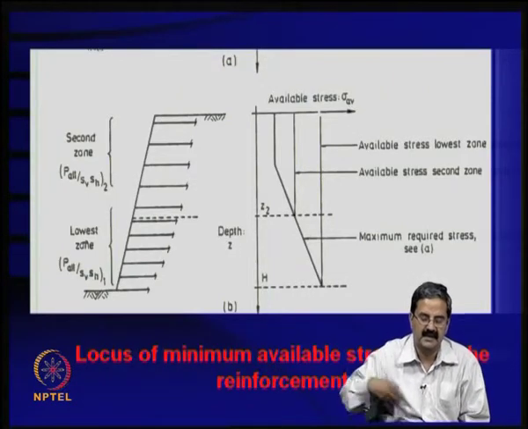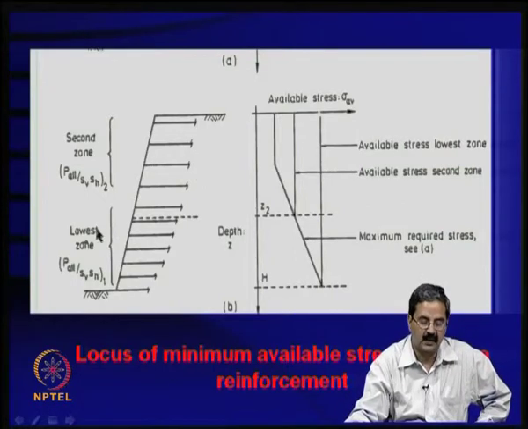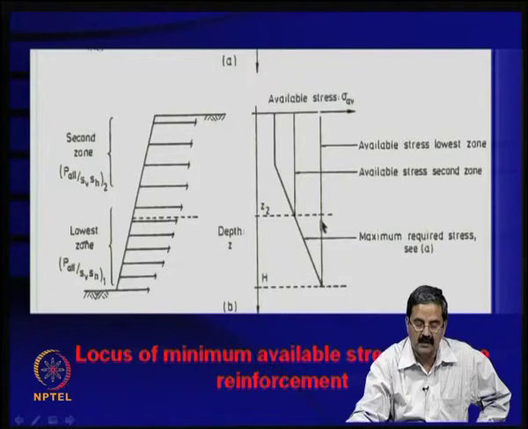What happens is that this is a lowest zone stress, where P allowable divided by S_V into S_H is nothing but this one type, and here you select such a manner that this is one, and then the second one also you try to choose in such a manner, this is available stress in the second zone.